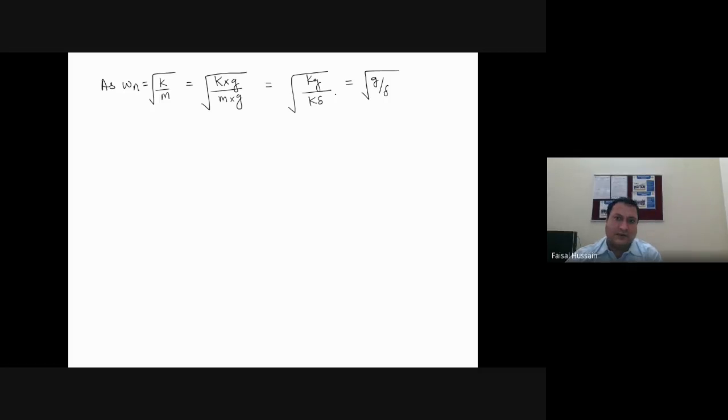So natural frequency can also be written as under root g by delta. This is another equation of natural frequency.